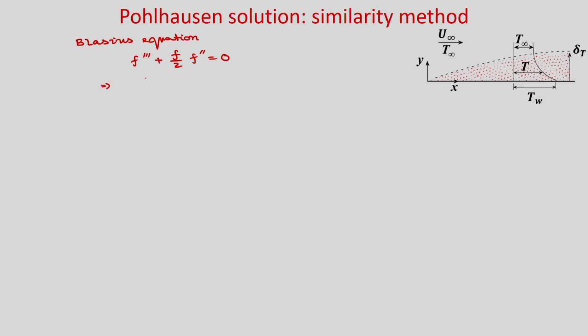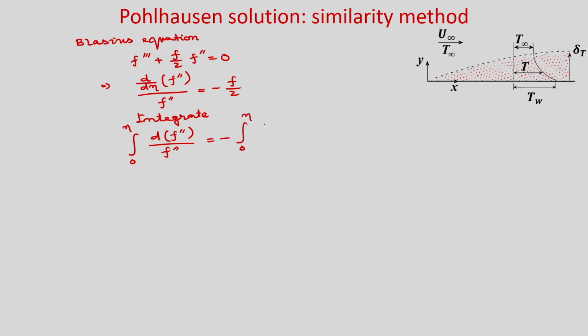So, you can write d by d eta of f double prime divided by f double prime is equal to minus f by 2. So, integrate this equation. So, you will get the integral from 0 to eta of d f double prime by f double prime is equal to minus the integral from 0 to eta of f by 2 d eta.